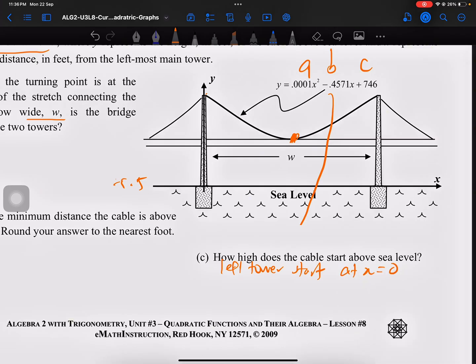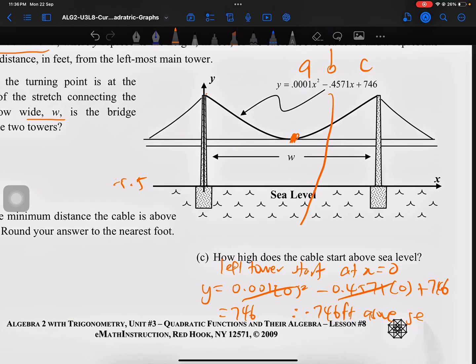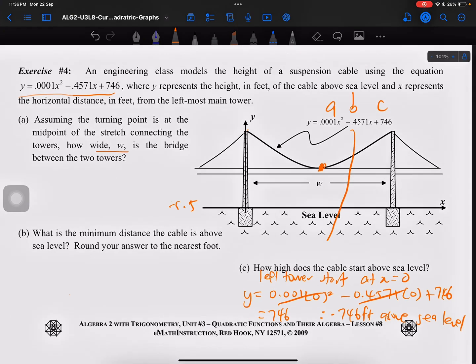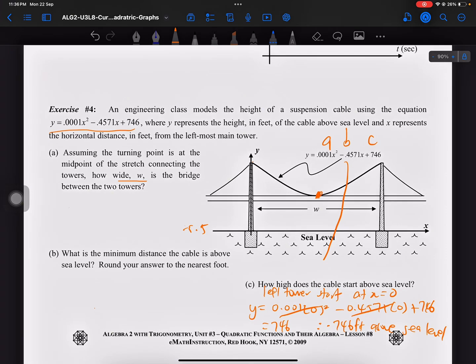So we plug x equals 0 into the original equation. 0 squared minus 0.4571 times 0 plus 746. Then you will get 0, 0, and you will get 746. So it is 746 feet above sea level. So that's it. We just use our original equation.